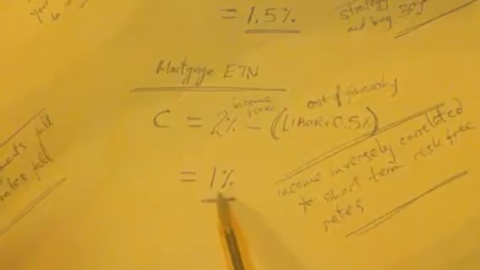So 0.5% plus 0.5% will give us a cost of financing of 1% and a total coupon yield of 1%. So here again, the income is inversely correlated to short-term risk-free rates. If short-term risk-free rate LIBOR rises, our return falls, and if LIBOR falls, our return will rise.